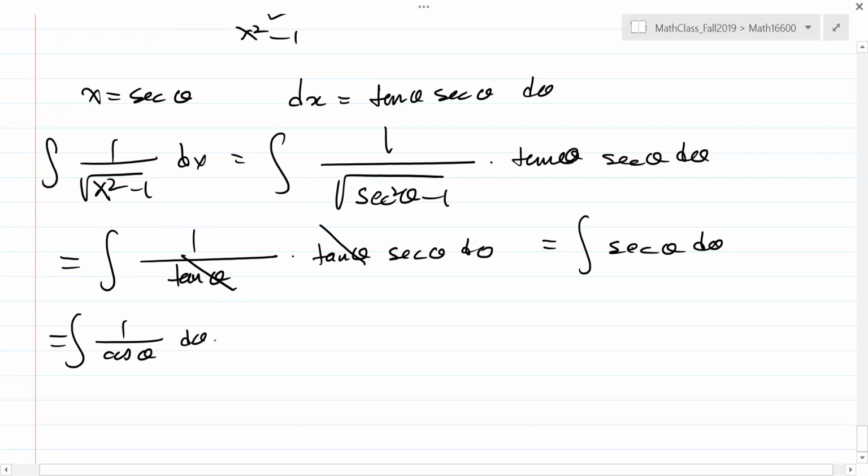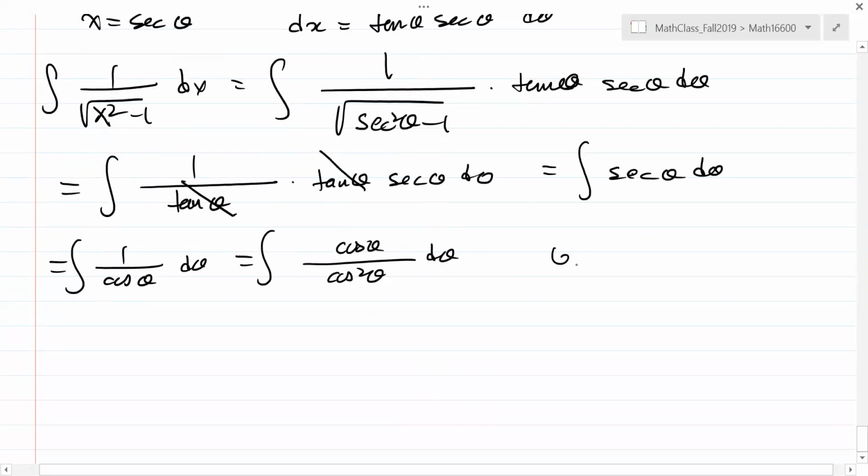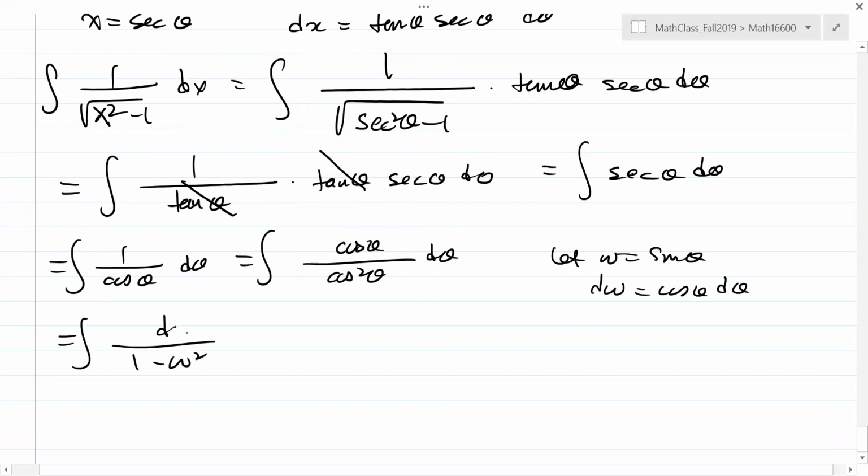So you still use the same idea repeated, and then use a substitution. You let W be sine theta, then dW is going to be cosine theta d theta. So this is going to be 1 minus W squared dW.